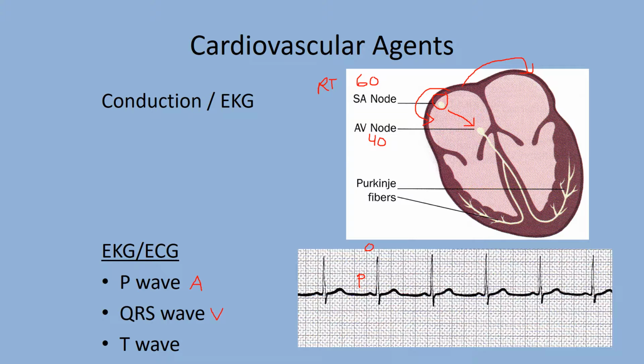So you have your QRS complex here. And then the repolarization of the ventricles we can see here in the T wave. So those are the common parts of the EKG. And from the printout, we can determine heart rate and or any damage, previous damage to the heart.